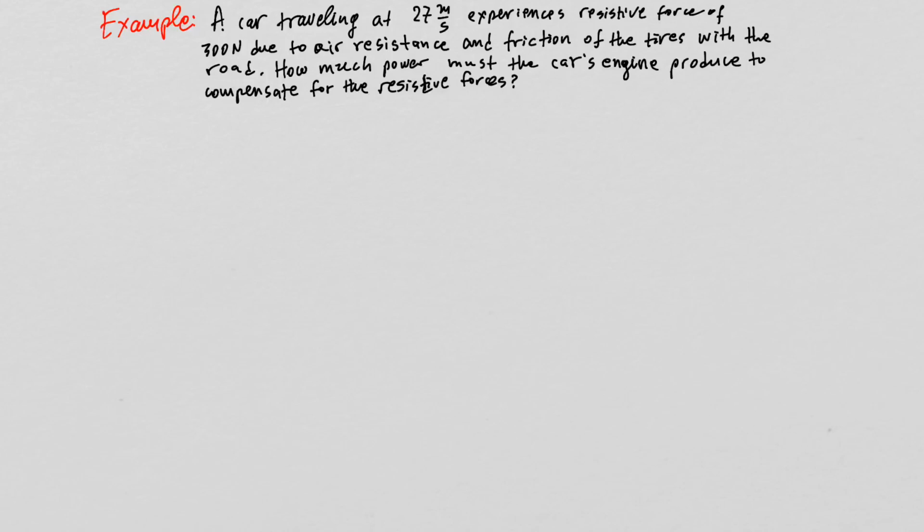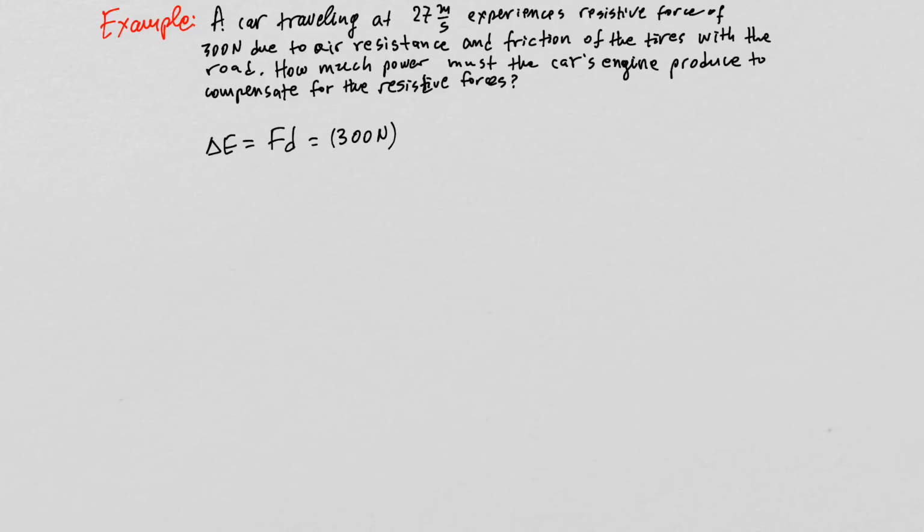first we must calculate the change in energy that is the result of the work done by the resistive forces. So the change in energy, delta E, will be equal to the work done by the resistive forces. So this is force times distance. That will be 300 newtons.